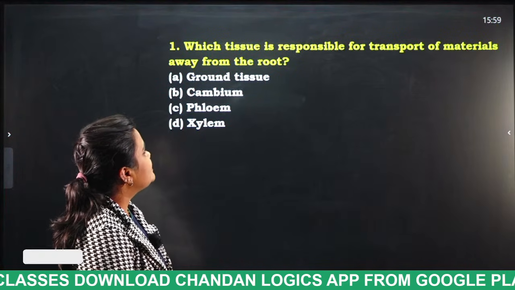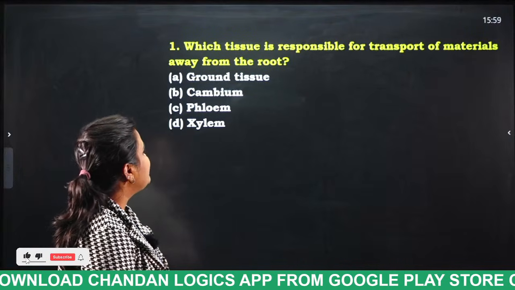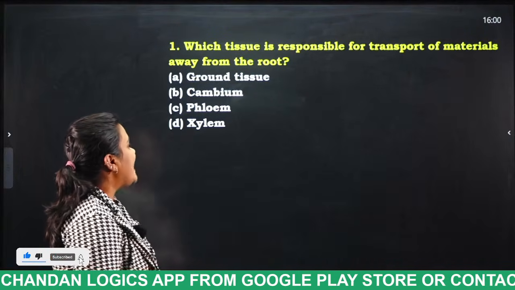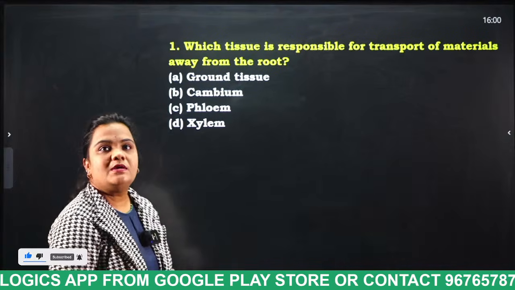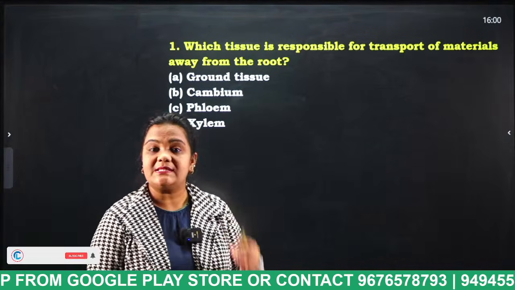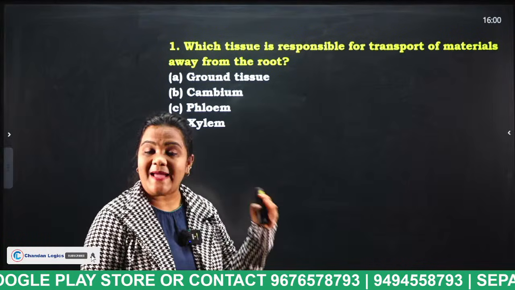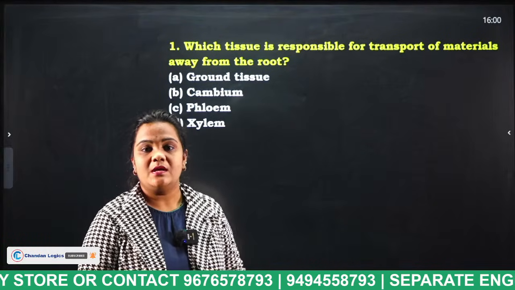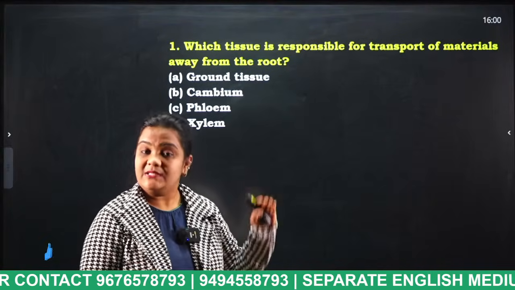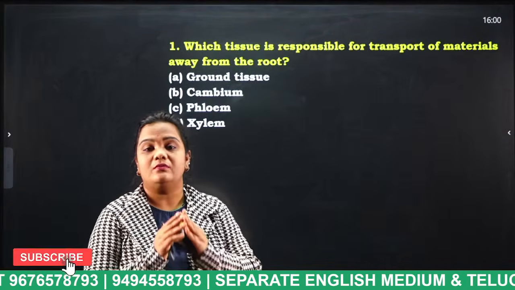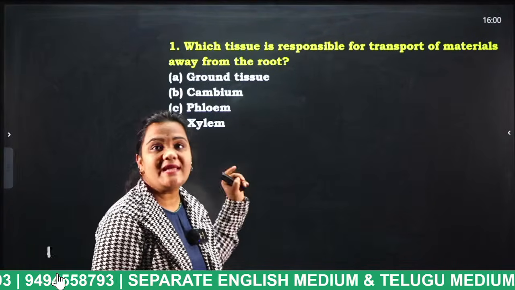Which tissue is responsible for the transport of materials away from the root? Ground tissue, cambium, phloem, xylem. Actually, I have already discussed everything regarding plant hormones, plant tissues, and plant diseases in this channel. If you listen to my class carefully, you can easily answer this question.